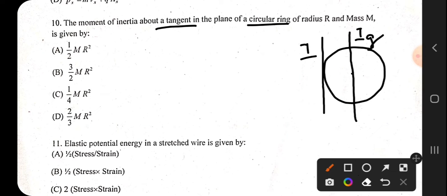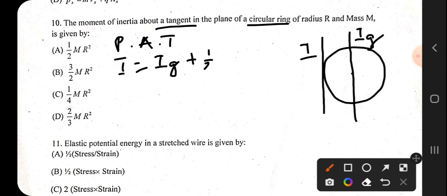According to the parallel axis theorem, the total moment of inertia should be equal to Ig, that is the moment of inertia about its diameter, plus m r square, where m is the mass of that circular ring and r is the radius, or the distance of the tangent from the center or from the axis of that circular ring.